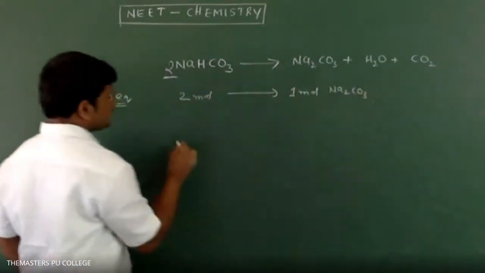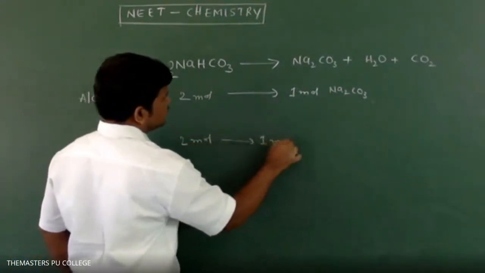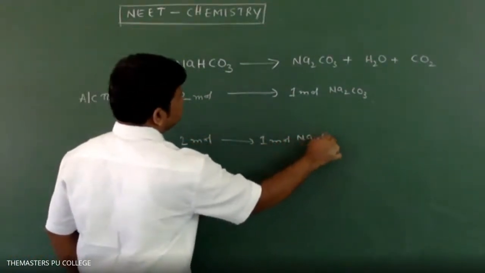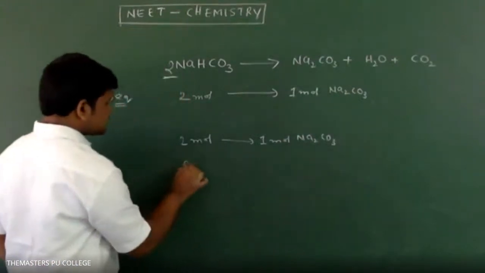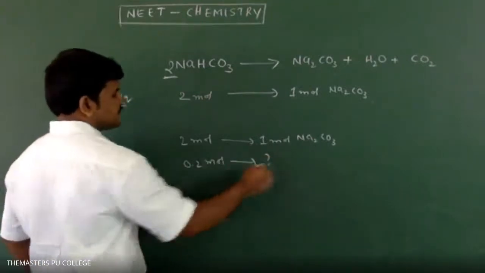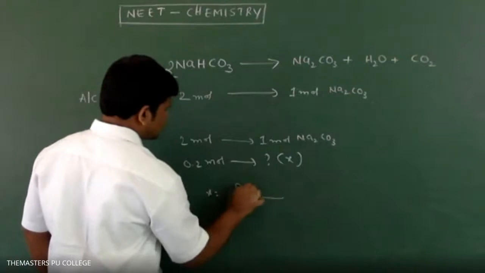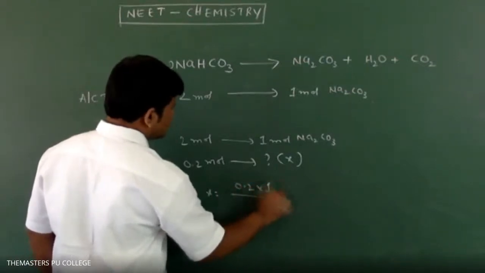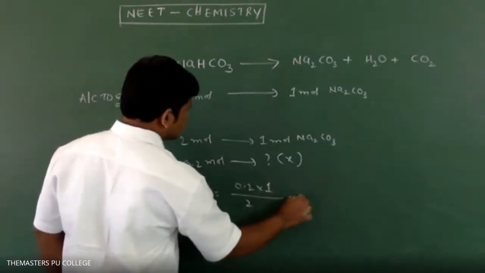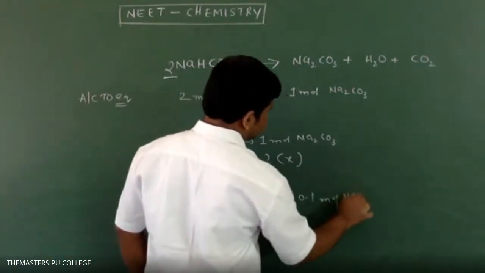So now come to the question. 2 moles NaHCO3 gives 1 mole Na2CO3. If you take 0.2 mole, how much will we get? X is equal to 0.2 into 1 divided by 2, which is 0.1 mole Na2CO3.